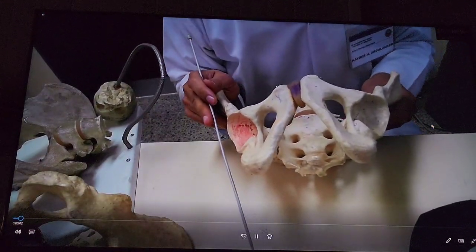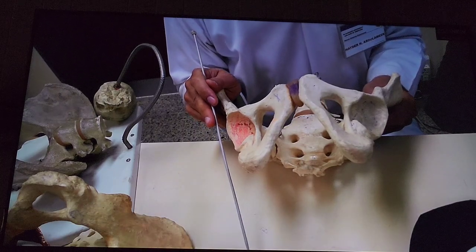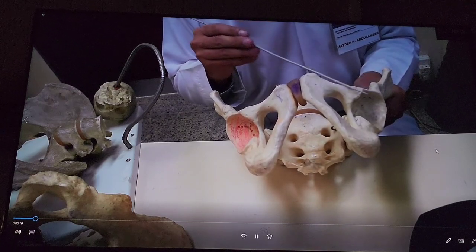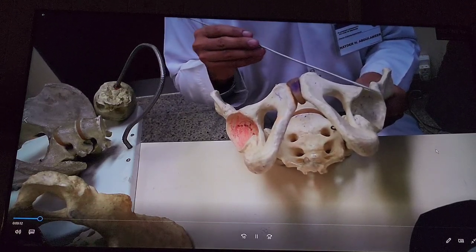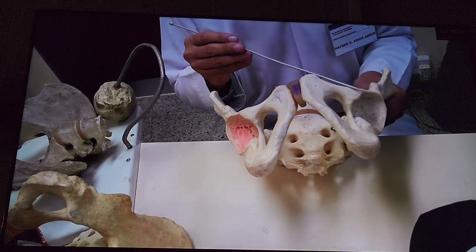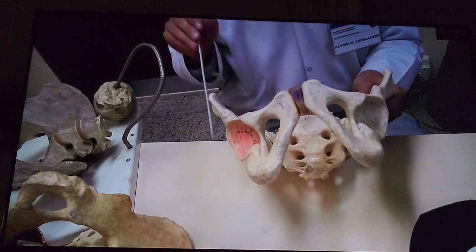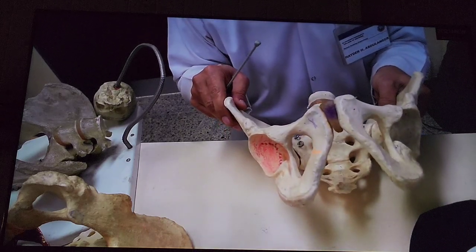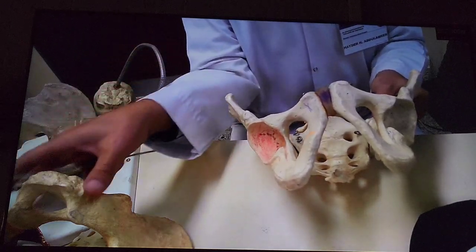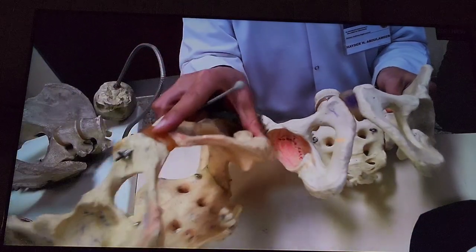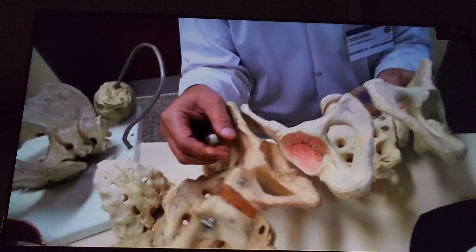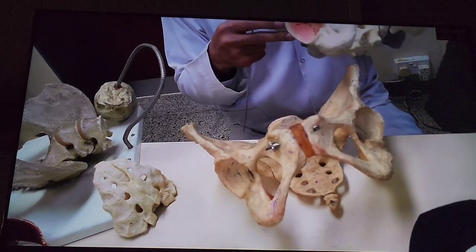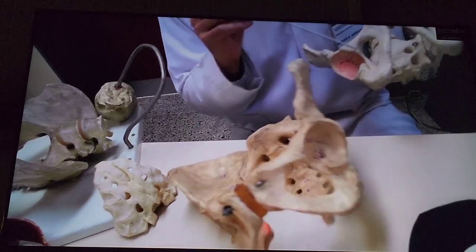The main differences between male and female pelvis: the first point includes the shape and thickness. The heaviness of the bone markings is very well developed here in the male pelvis, while it is light and thin in the case of female. Other points would be the articular surface.